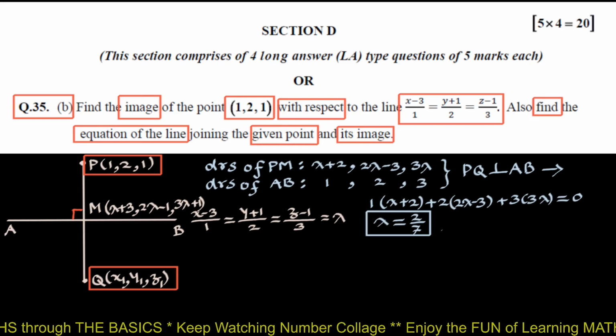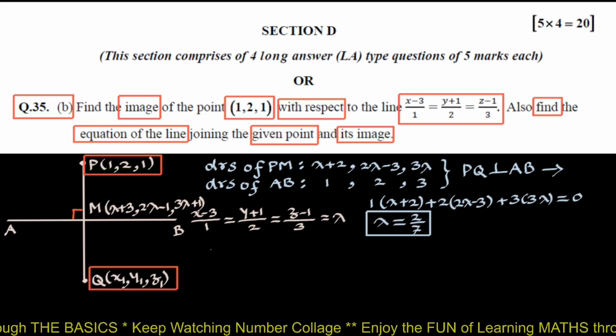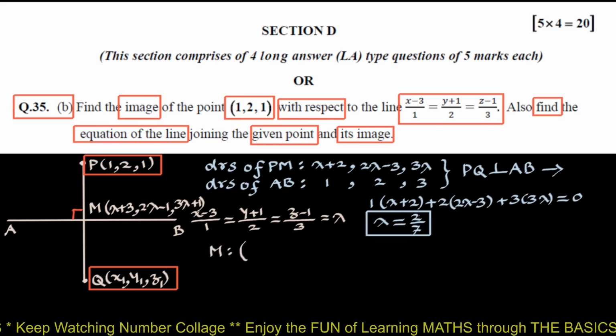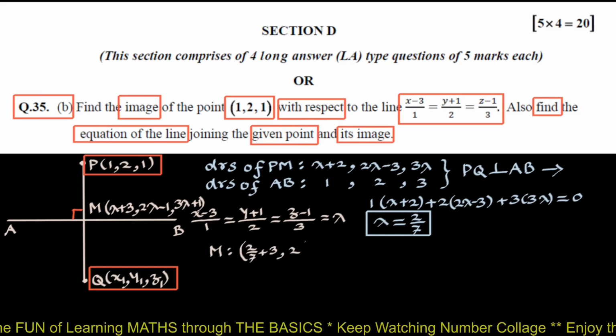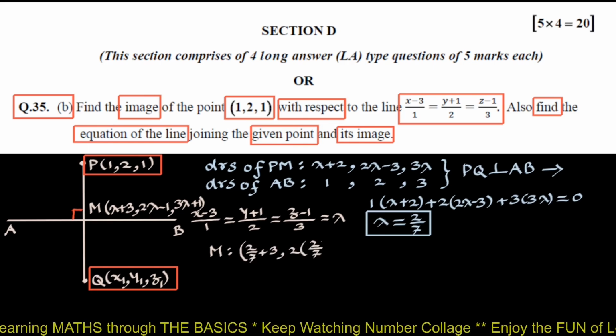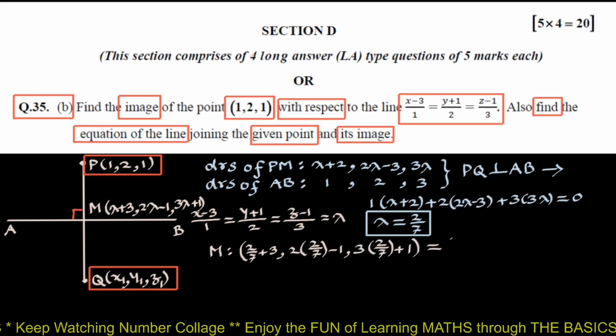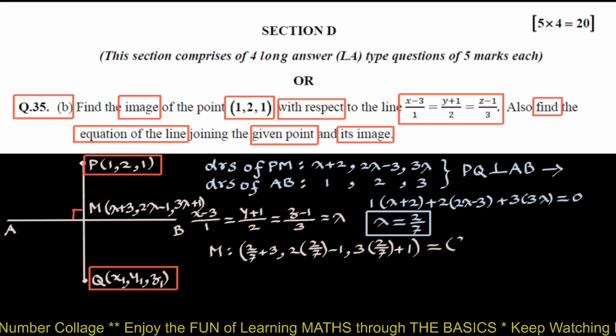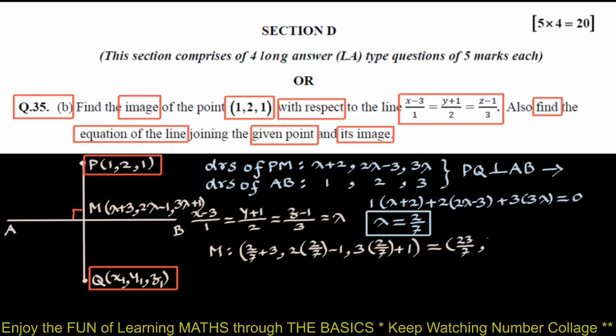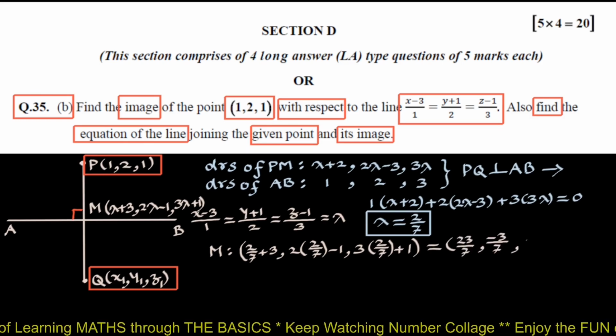Now that we got the value of lambda, we write coordinates of point M as 2 upon 7 plus 3, 2 into 2 upon 7 minus 1, 3 into 2 upon 7 plus 1, which will be 23 upon 7, comma, minus 3 upon 7, comma, 13 upon 7.